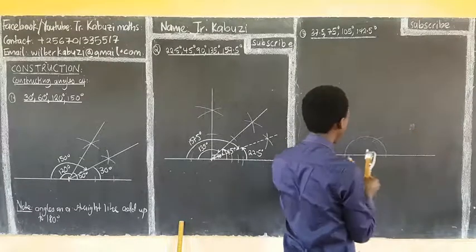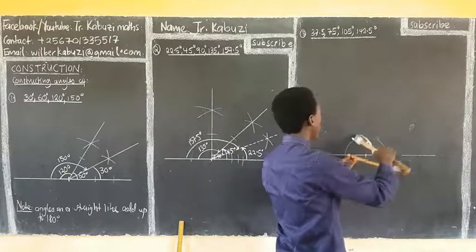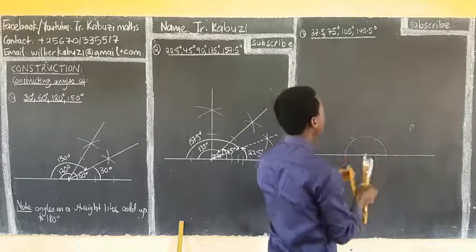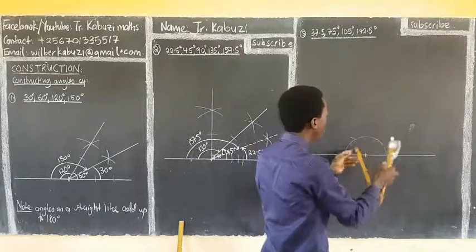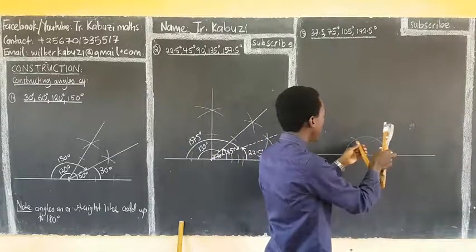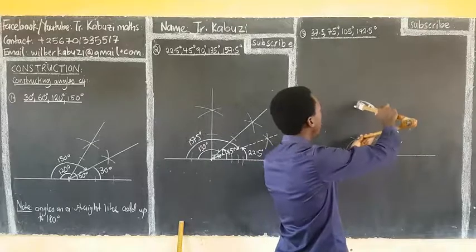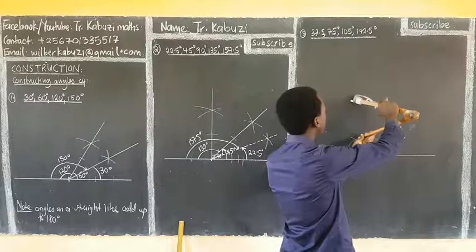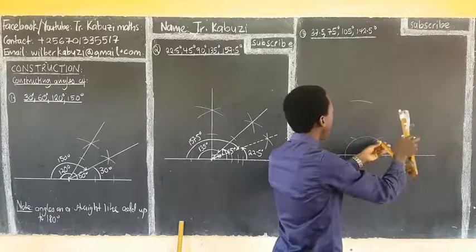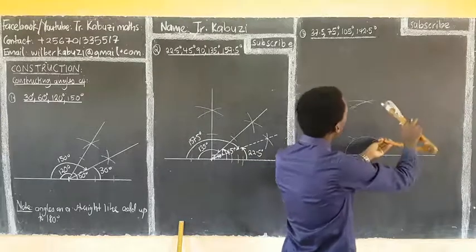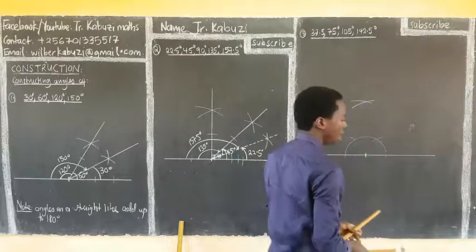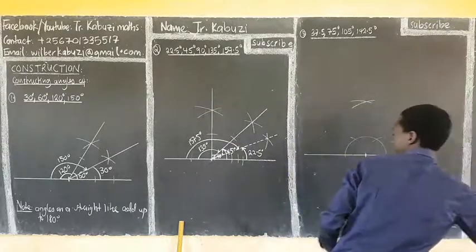You draw an arc there, then you also come here, you draw an arc there. Then after that, you add just a little bit so that you put where this intersects this, you put your pointer there, you draw an arc up, then you also put it there, you draw an arc up there. So where they intersect, you join this, that will be now 90 degrees.